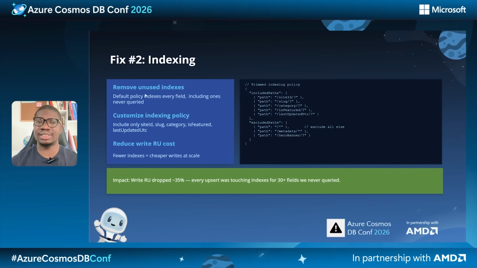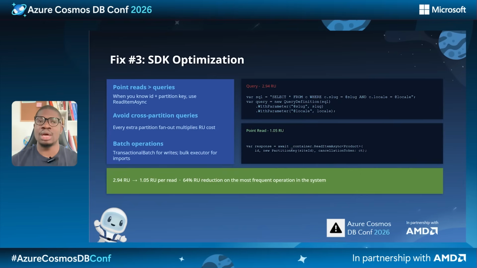The next fix is SDK optimization. Even with better partitioning and indexing, application code can still burn RUs unnecessarily. That's where SDK optimization comes in. The biggest example you see in this slide is the difference between a query and a point read. The query here, the select statement, costs about 2.94 RUs, while the point read, for the same document, costs about 1.05 RUs.